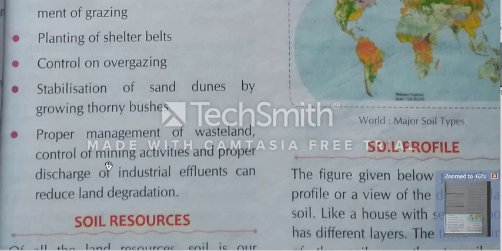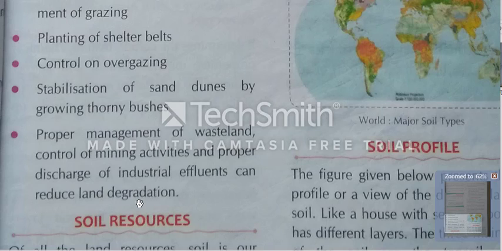If people will work on that land, scientists will work on that land, it will also give response. Control of mining activities and proper discharge of industrial effluents can reduce land degradation.